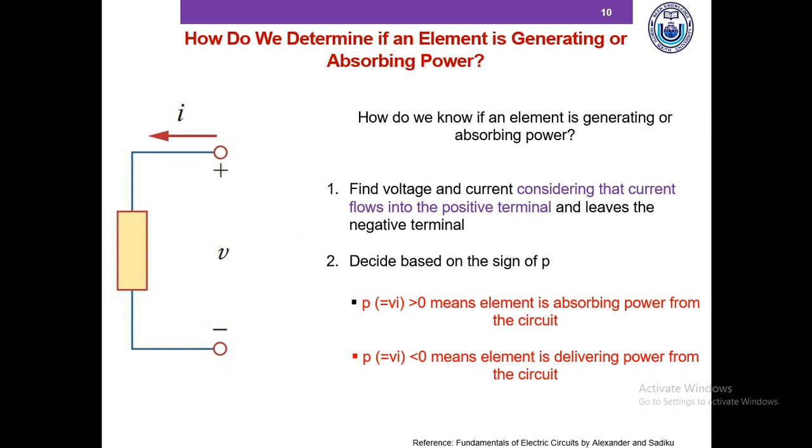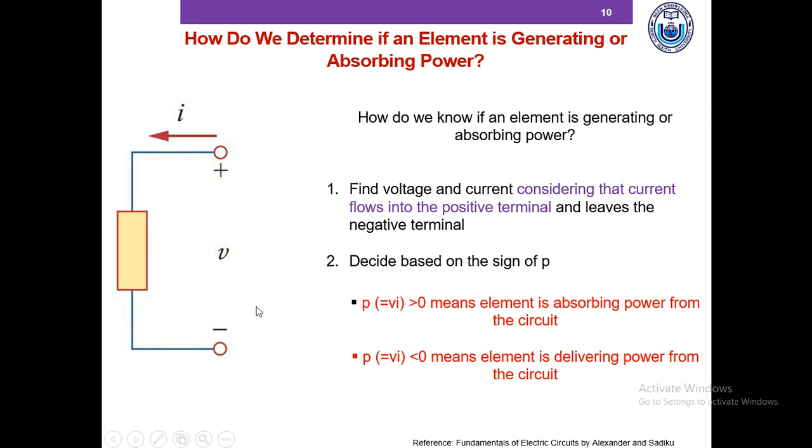Okay, so now we're going to discuss how we determine if an element in a circuit is generating or absorbing power. The first step is to find the voltage and current of that element, considering that current flows into the positive terminal and leaves the negative terminal.